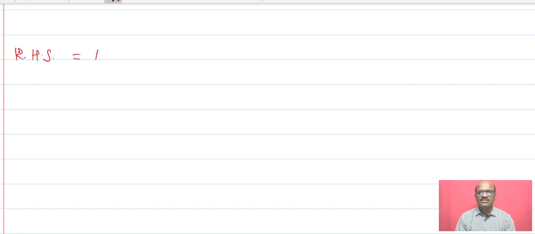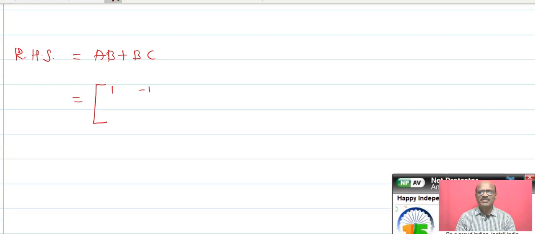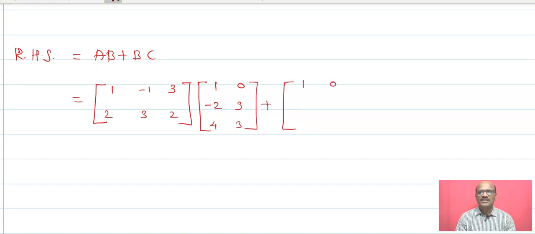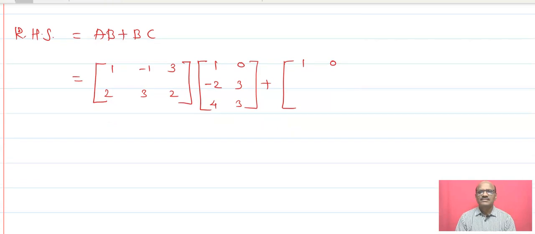Next is RHS. AB plus AC must be there. By mistake it is written AB plus AC. Now we'll change it to AB plus AC.